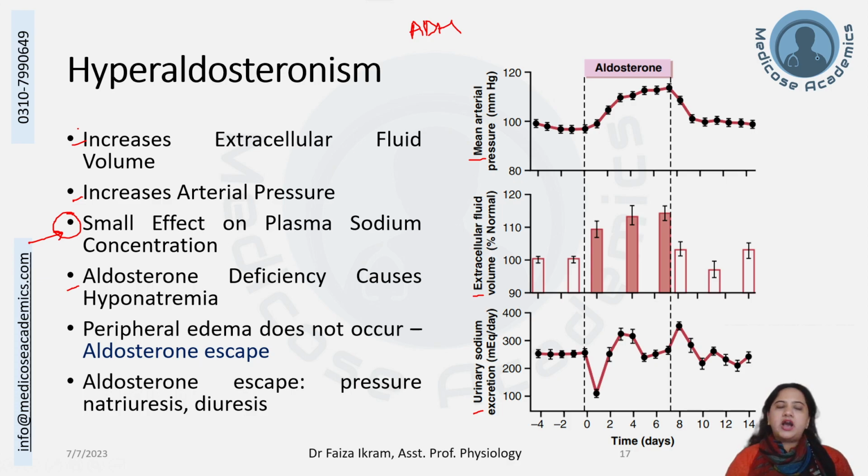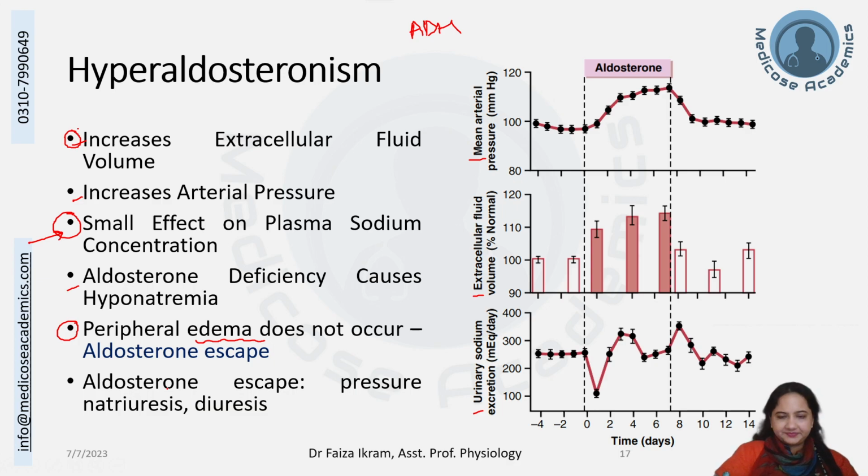So hyponatremia can be caused, but hypernatremia is less likely. Another important thing, we have said total body fluid volume has increased, extracellular fluid volume has increased, but usually peripheral edema does not occur.